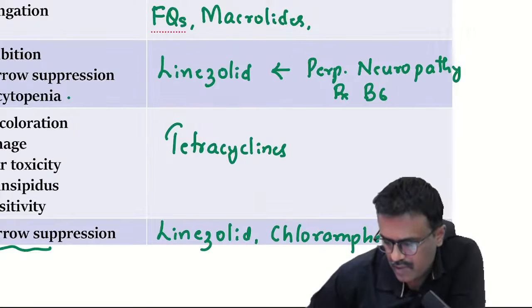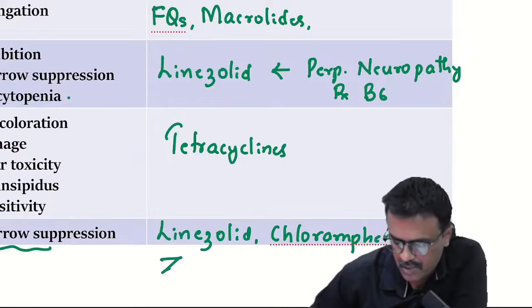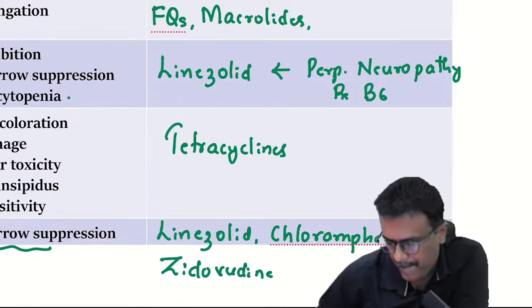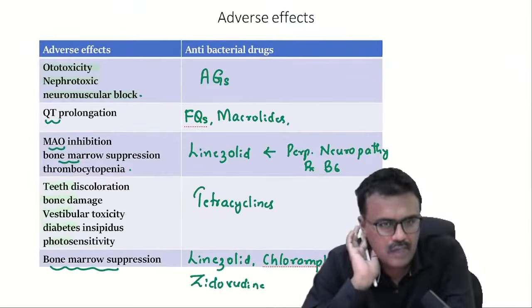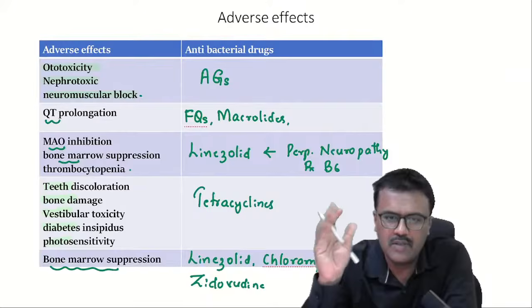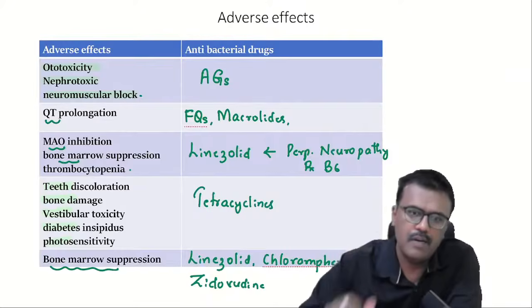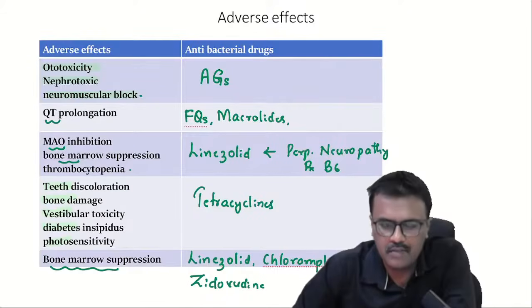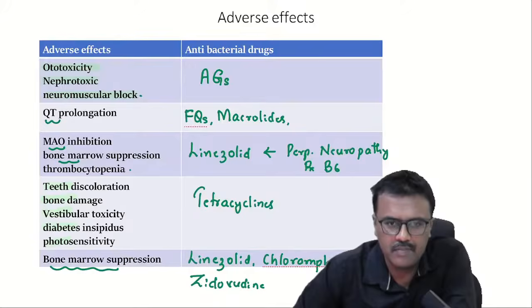Any HIV drug you know which causes bone marrow depression? Yes, the name is zidovudine. So these are the adverse effects, and we know which drugs cause them because they have asked like this. That's why we made a table which will tell you everything in one place.